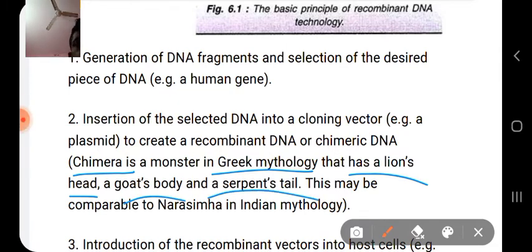The same thing can be observed in Hindu mythology as well, the Narsimha avatar, one of Vishnu's incarnations. So chimera just means different segments.